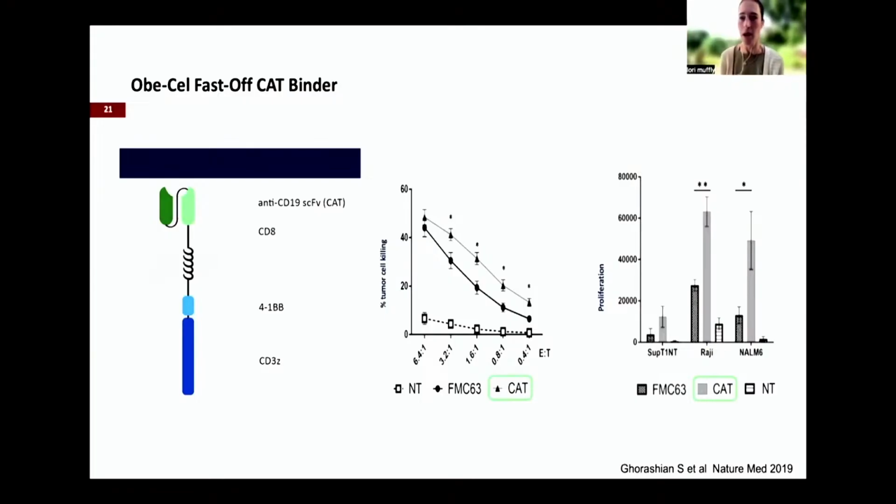And so the more exhausted the CARs are, the less likely they are to be persistent. In these preclinical studies, this particular binder was shown to have a high percent of tumor killing, and with this fast off, to really curb the exhaustion and improve the proliferation and killing of CAR.